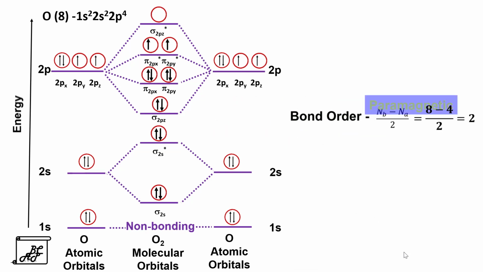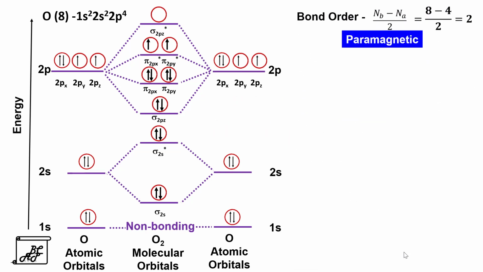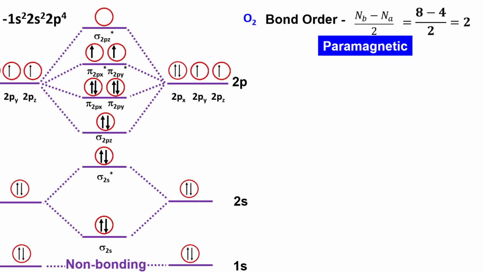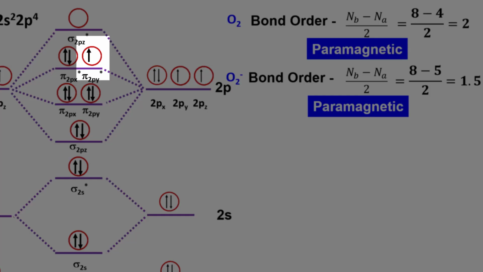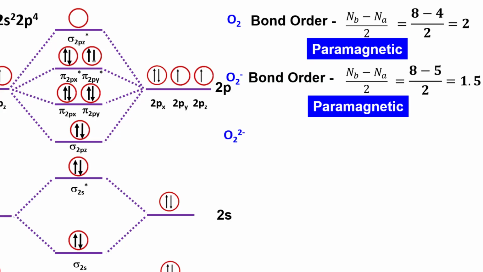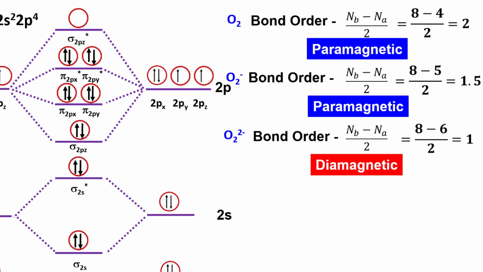Now we have studied that the bond order for oxygen molecule is 2 and it is paramagnetic in nature. If I add one electron in antibonding molecular orbital to form O2 minus, that is oxygen anion, the bond order changes to 1.5, but still there is one unpaired electron, so it is paramagnetic in nature. If we add one more electron in antibonding molecular orbital, the bond order changes to 1 and the molecule becomes diamagnetic in nature.